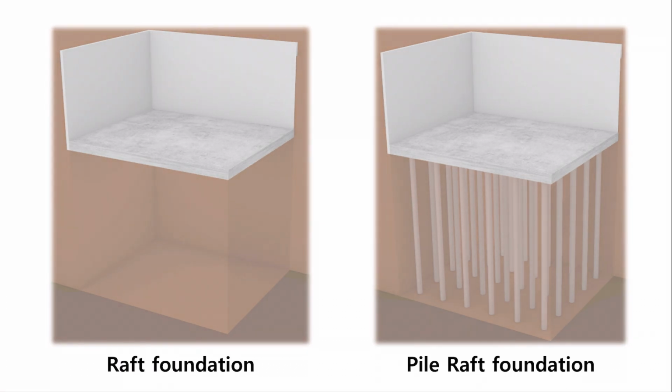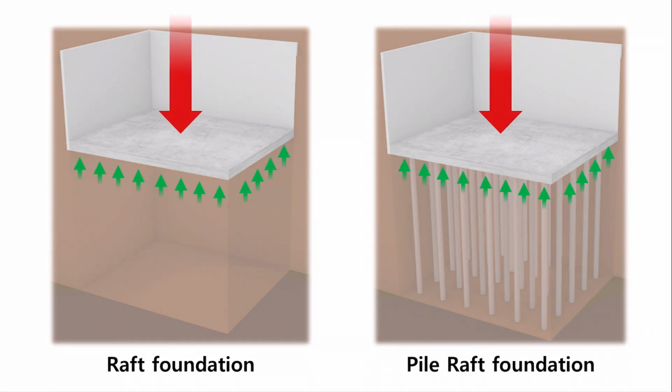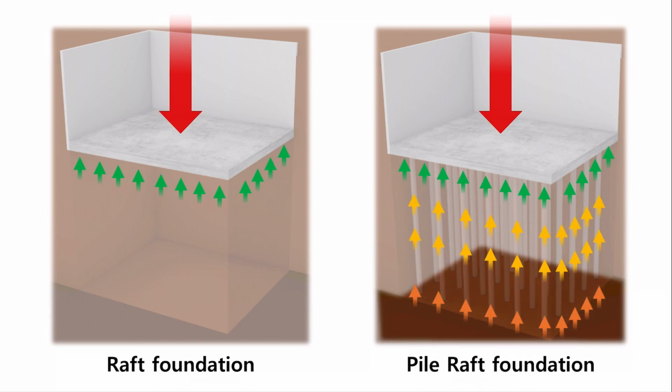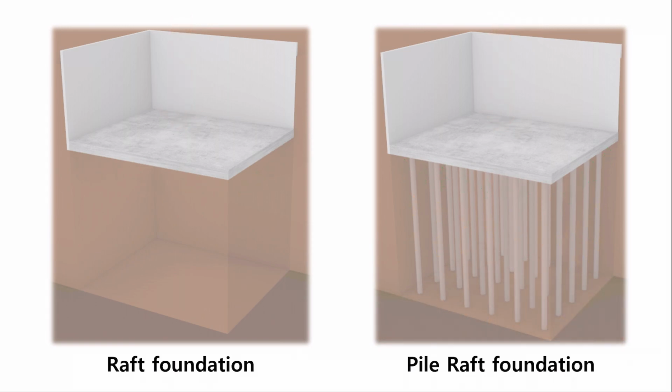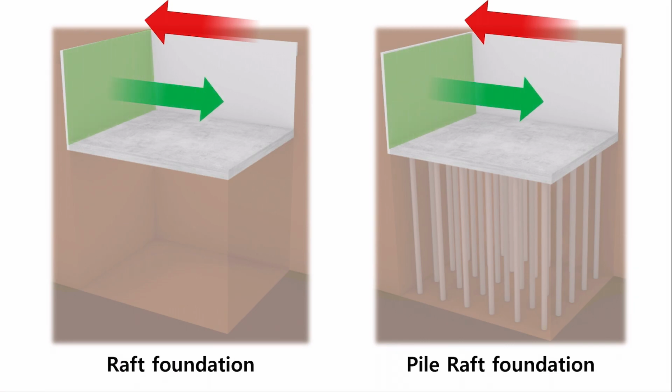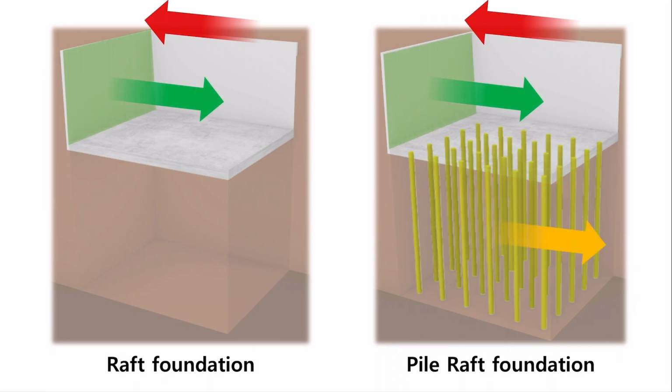Although the raft distributes the load, the piled raft foundation can withstand more load with friction with the ground. It can also transfer load to hard strata beneath the soil. It can also withstand shear loads such as wind and earthquakes better through piers.